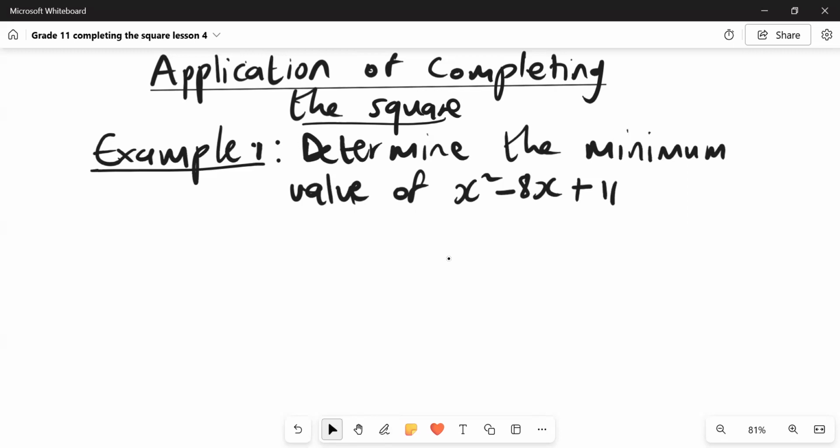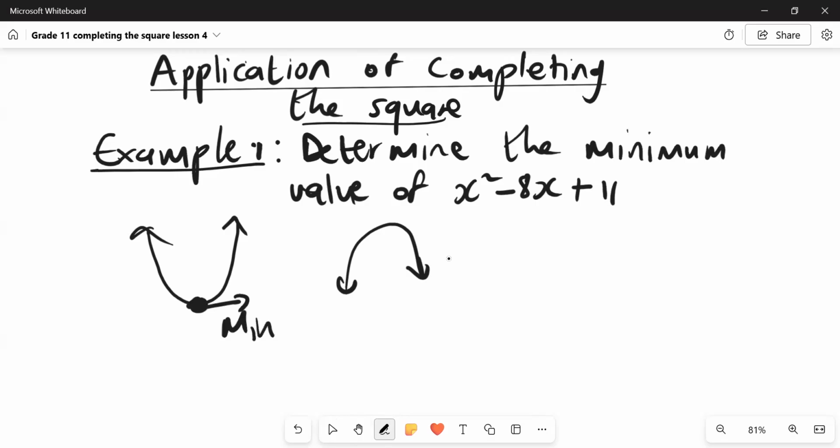So when we go back to grade 10 graphs, you have your parabola, a smiling face, and a parabola, a sad face. This point here becomes our lowest point, which is our minimum. This one is the highest, it's the peak, it becomes our maximum, right? So basically, y at turning point becomes our minimum value or maximum value.